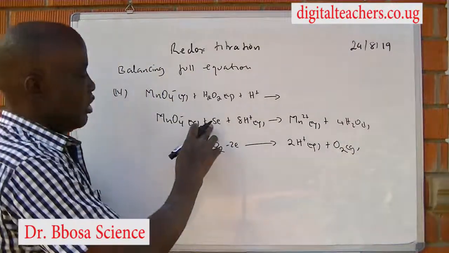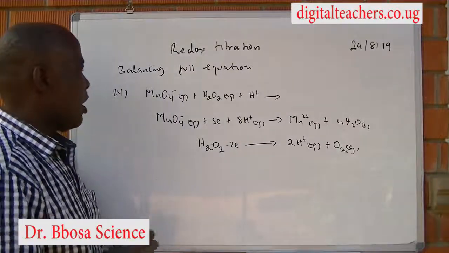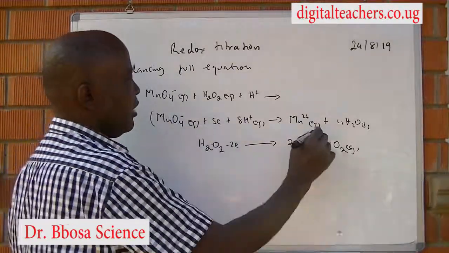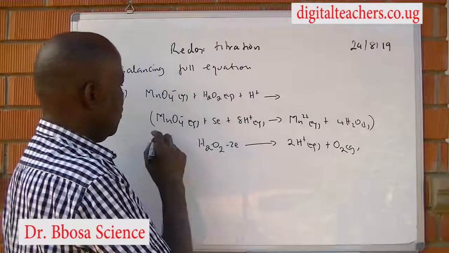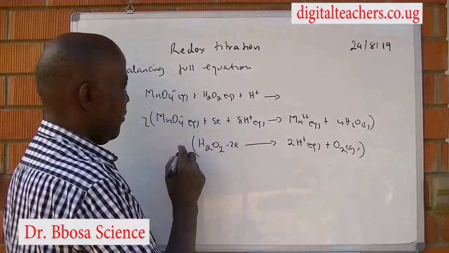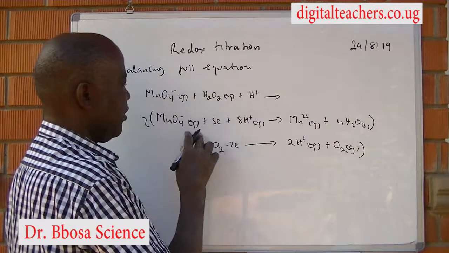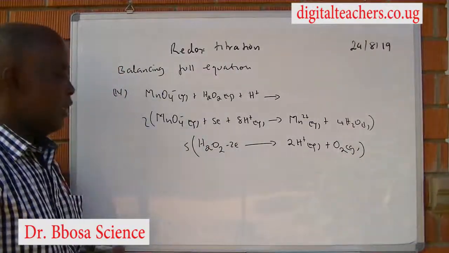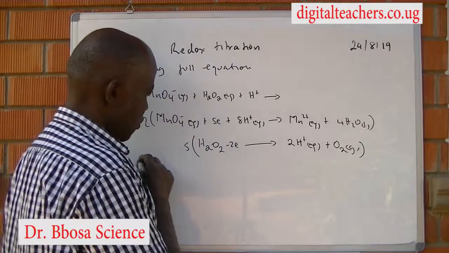You want these electrons to be the same. What do we do? We multiply this one by 2. You multiply this one by 5. So that these are 10 electrons, these are 10 electrons. Again, we add.